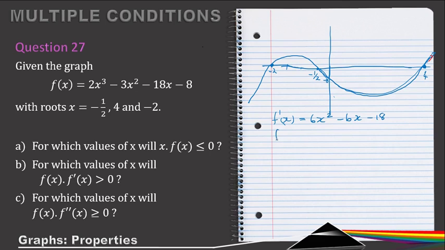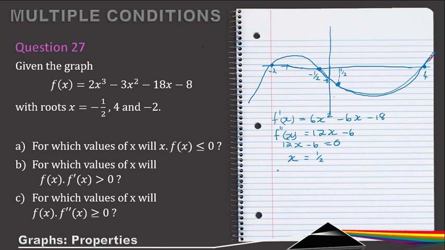And then the second derivative is equal to 12x minus 6. If I put that equal to 0, we get x is equal to a half. So that looks like our point of inflection is on positive a half. This is where our point of inflection lies.